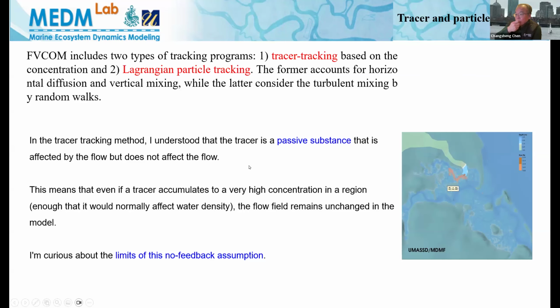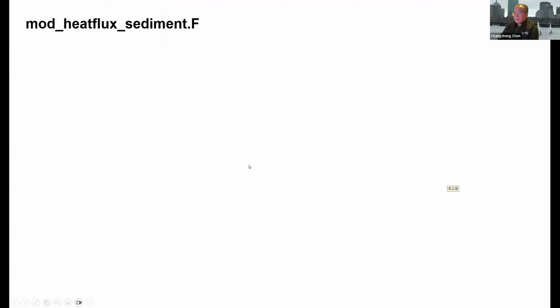And this is not directly related to the lecture. My second question is about the heat flux sediment module. My research interest is to understand the effect of tidal flat sediment temperatures on coastal seawater temperature. So I tried to use the heat flux sediment module in FVCOM version 501.